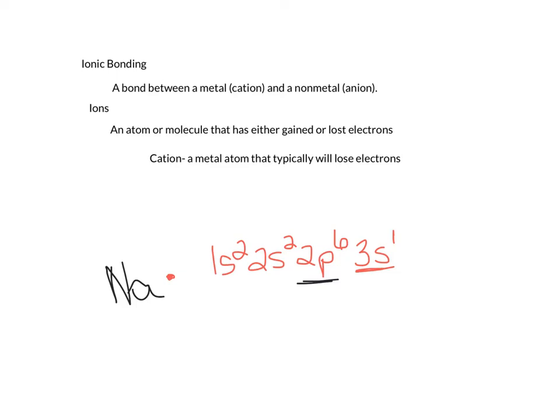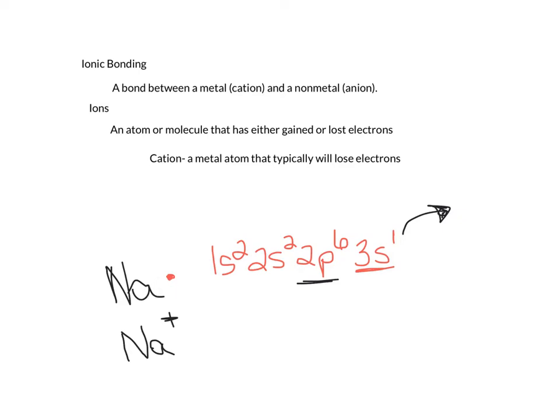So, what sodium will do naturally is give up this electron and form a cation, so that now we have something like this. This is the cation of sodium, which is much more stable than regular sodium by itself.